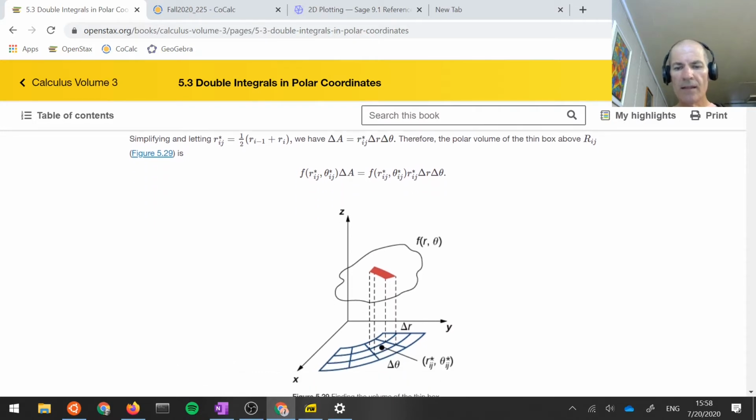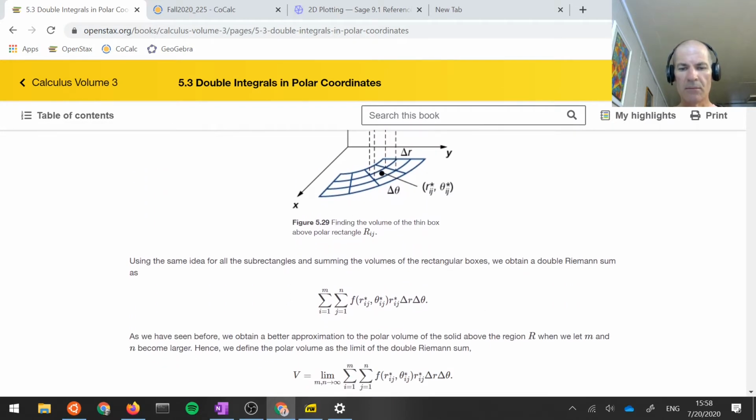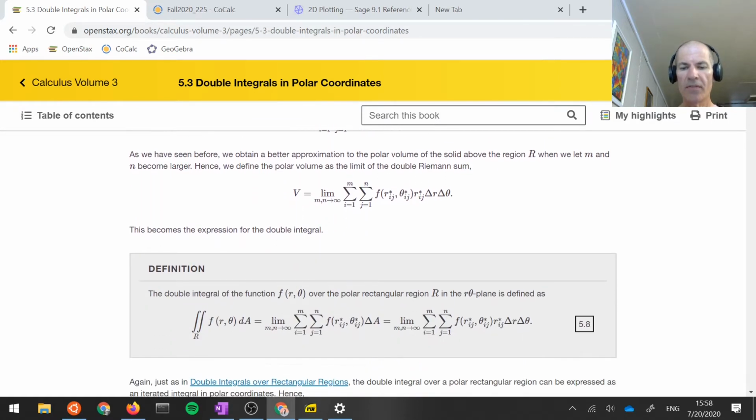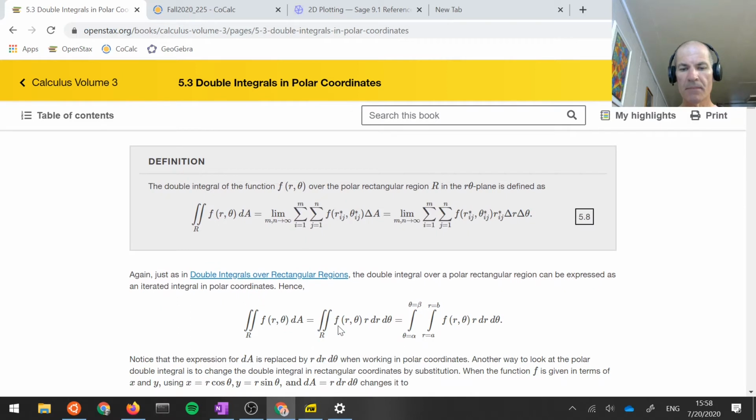So if we feed that into the double summation, the Riemann sum in polar coordinates, we get the height, which is the function evaluated at r star, theta star, times the area of the base, which we happen to know is r star delta r delta theta. As we take the limit, what that turns into is this little factor of r right here.